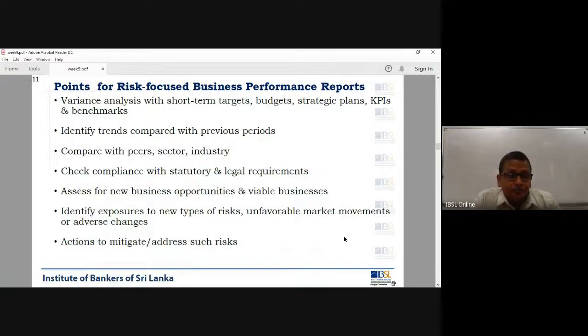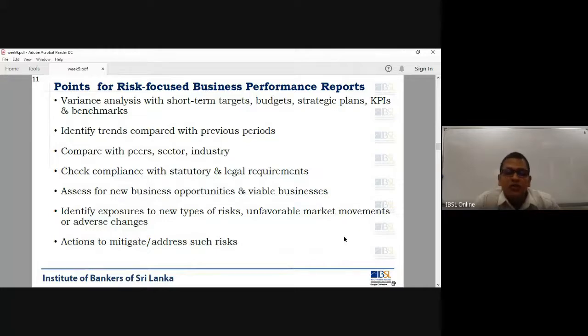And they check compliance with the statutory and legal requirements. For example, the statutory liquid asset ratio is one of the statutory and legal requirements. So they will check these ratios to ensure whether the particular bank complies with the statutory requirement, and assess new business opportunities.